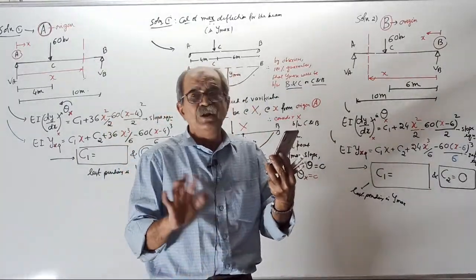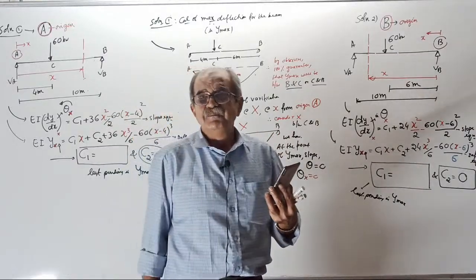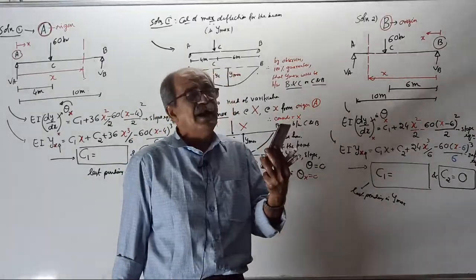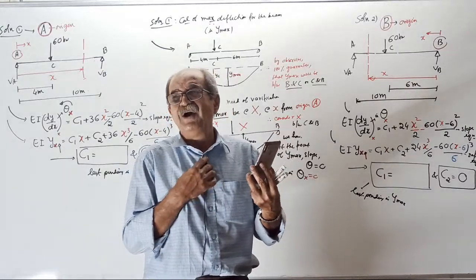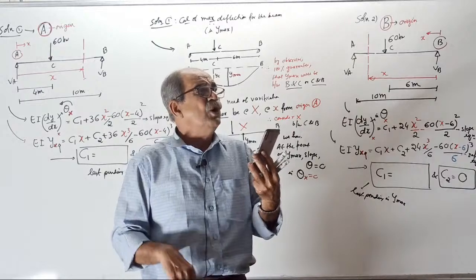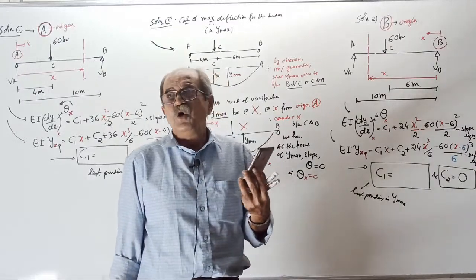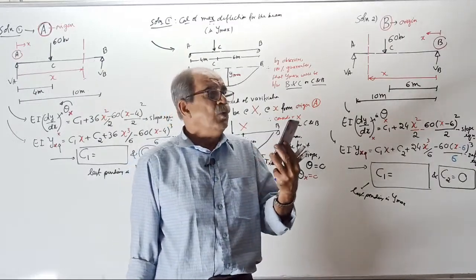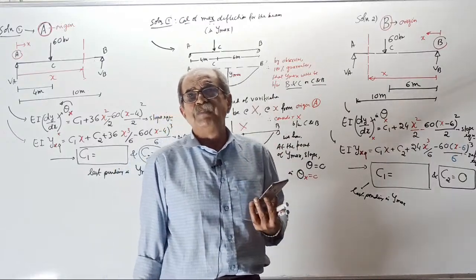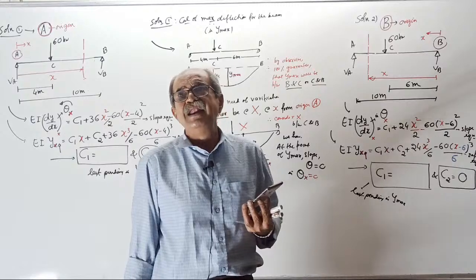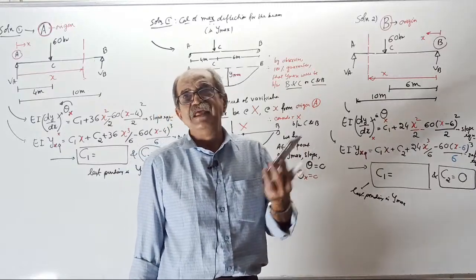Not slope zero, mathematically. Okay, slope zero, correct. But mathematically, for y to be maximum, dy by dx equal to 0. Remember, for bending moment to be maximum, dM by dx equal to 0, as dM by dx equals shear force.